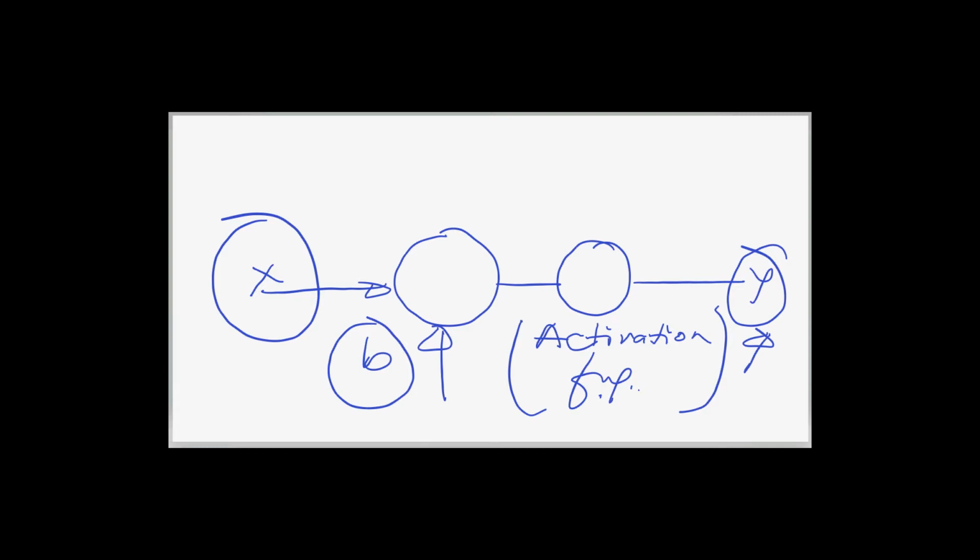Let's look at one simple activation function to see how it works. The simplest of the activation functions is called a step function, which generates an output Y only for input values beyond a threshold.